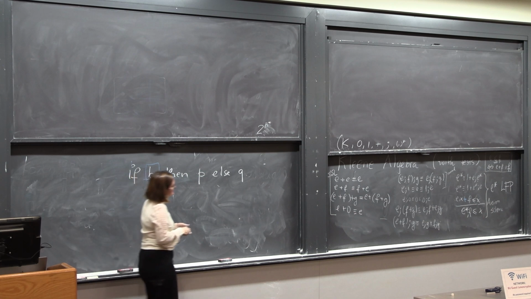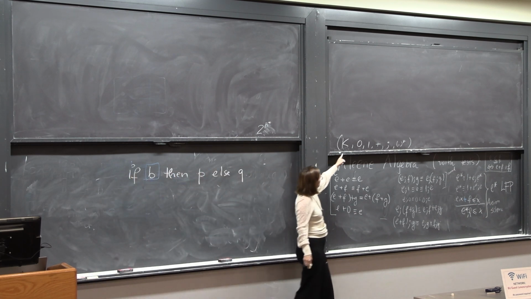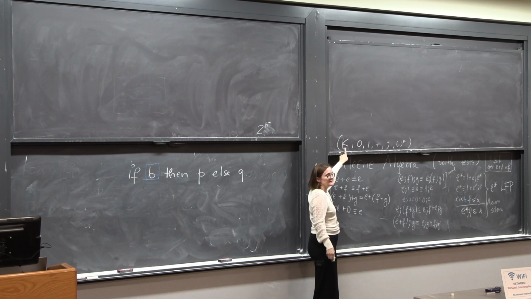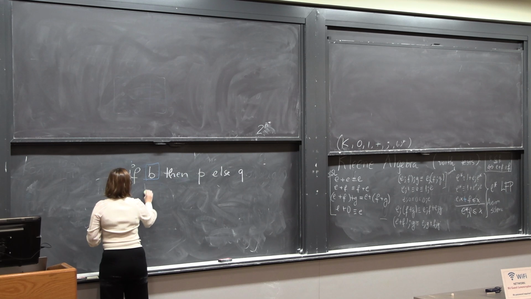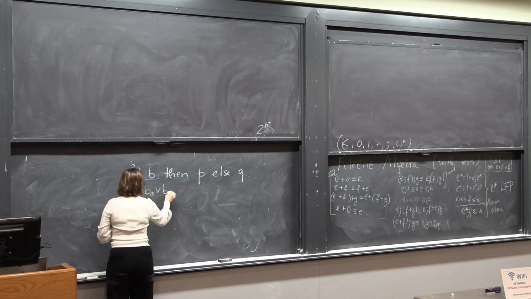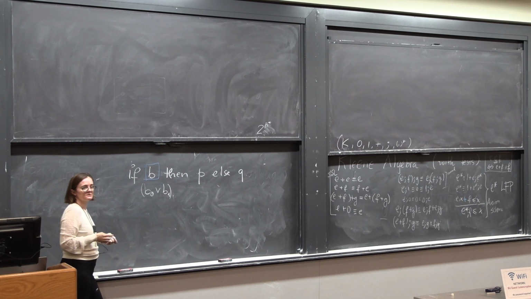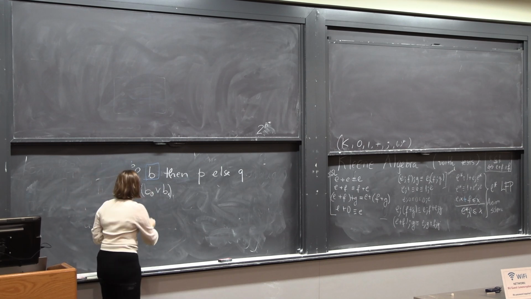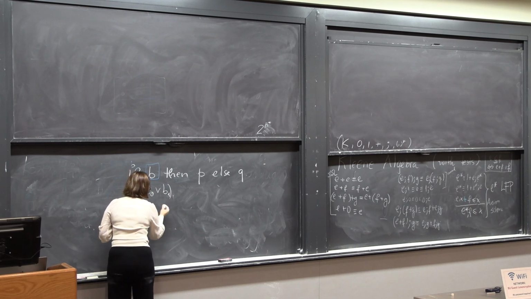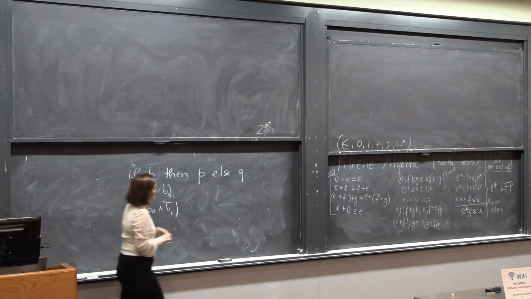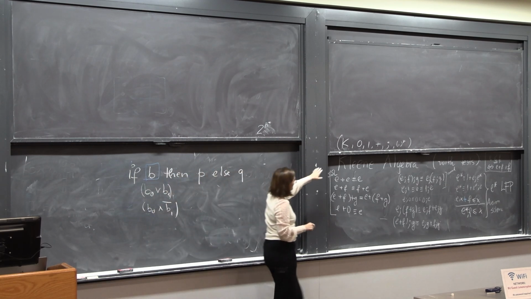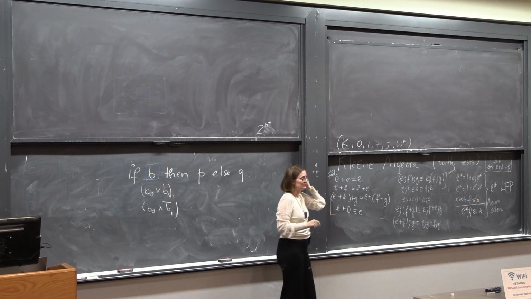So what I'm missing here is a way to talk about these tests that appear in these control structures. I mean, I could write things like B0 or B1, right? If I have a bunch of tests, I can talk about combinations of these tests. B0 and not B1. There's all kinds of things I might want to write there. But right now, this structure doesn't really allow me to do that.